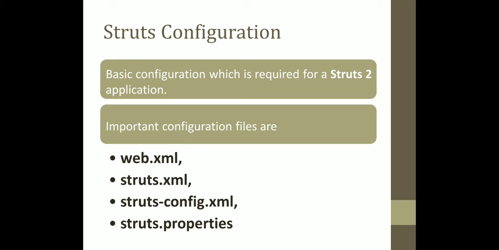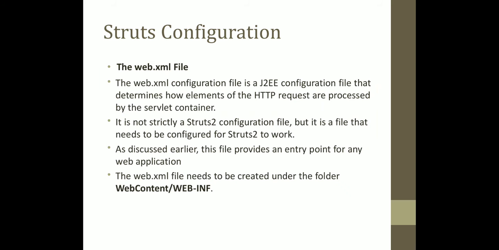So you might remember from the program we have created this web.xml, struts.xml, and struts-config.xml. Plus we have added the 2 lines in the properties file. So all these are configurable files that should be modified as per our requirement in the application.